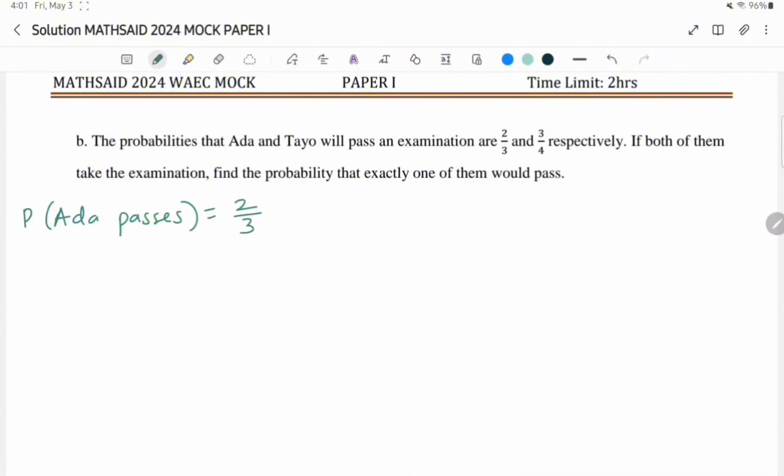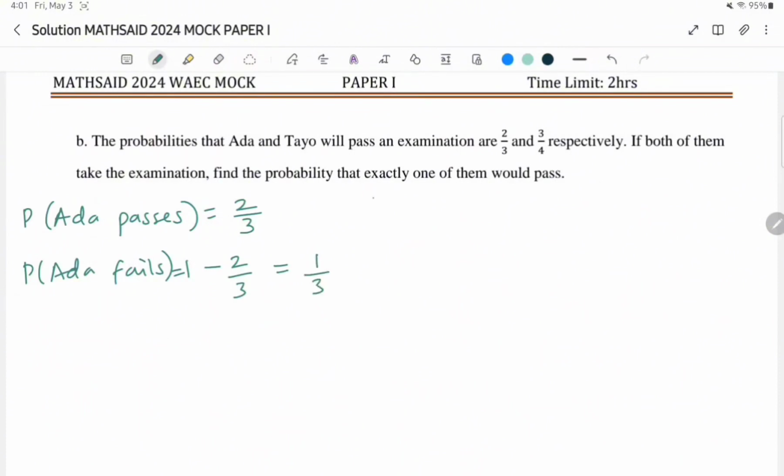So if the question is asking us that exactly one of them would pass, that would mean that either Ada passes and Tayo fails, or Tayo passes and Ada fails. That means we need to calculate the probability of when each of them fails the exam. So the probability that Ada fails now is going to be 1 minus 2/3, and that's 1/3.